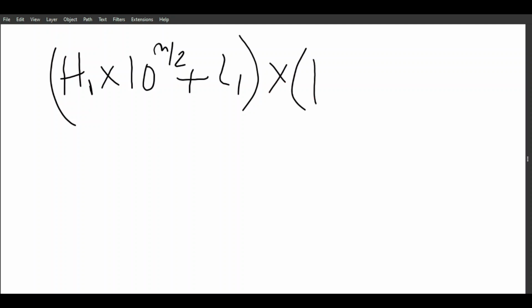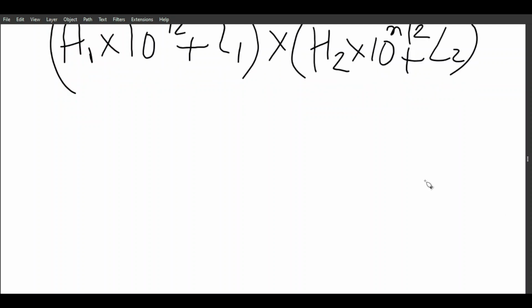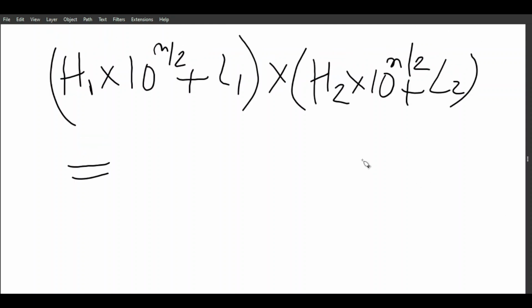Second number also the same way, h2 multiplied by 10 power n by 2 plus L2. So again the same expression we get, there is no difference: h1 h2 multiplied by 10 power n, plus h1 L2 plus L1 h2 multiplied by 10 power n by 2, plus L1 L2. So this way we get 4 subproblems.